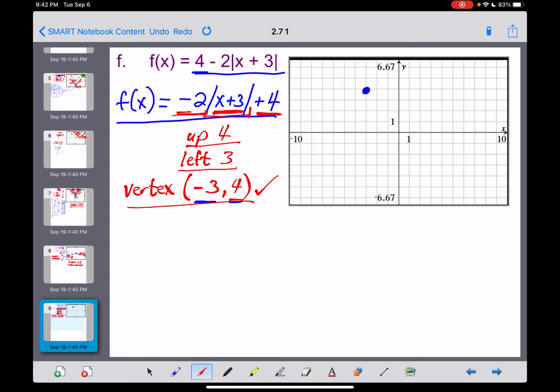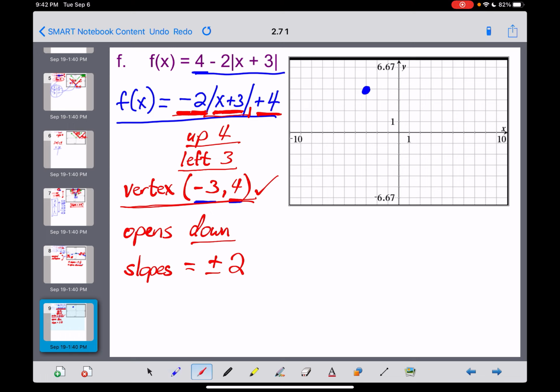Two other things now. The negative in front of all this is going to tell us that our absolute value graph is going to open what direction? Anytime it's negative, it's going to open downward, not upward. And that a value of 2 means that the slopes of your rays are going to be positive and -2 coming from that origin. So I've already plotted the vertex. That's our blue dot that's located right over here.